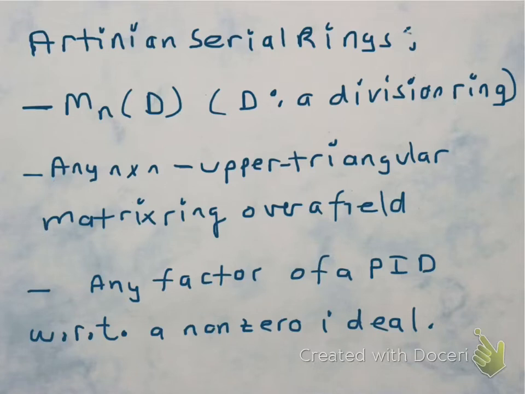And here's a more prominent and well recognized example: any factor of a PID with respect to a non-zero ideal. So all rings of integers modulo a finite number are Artinian serial.